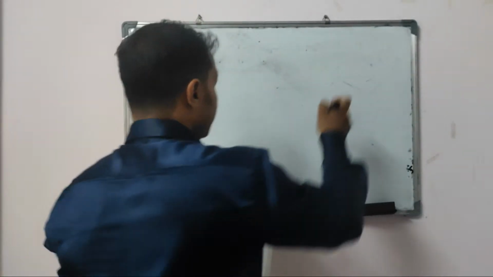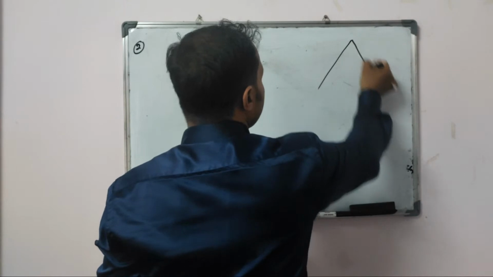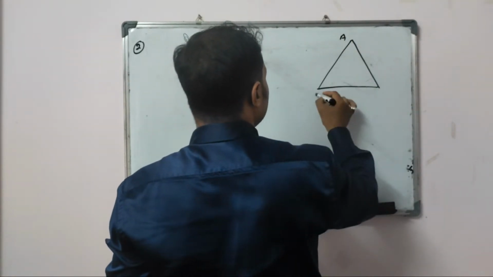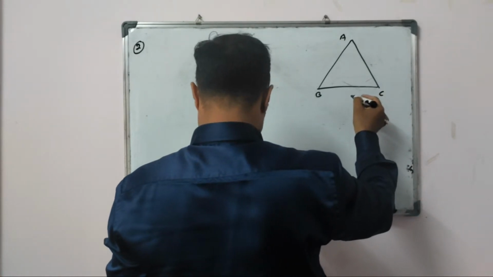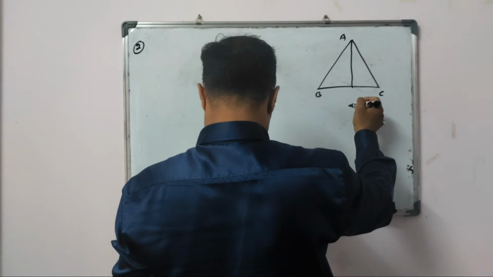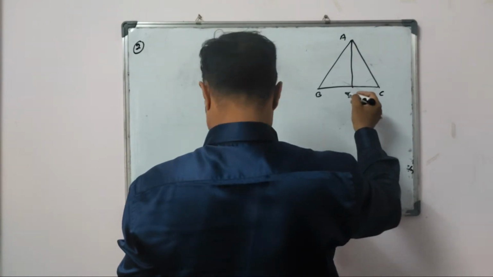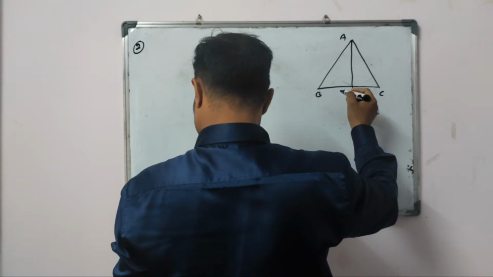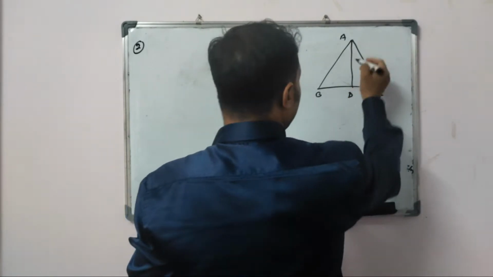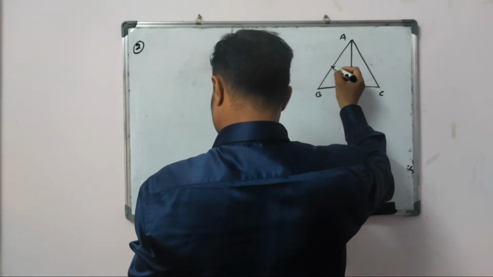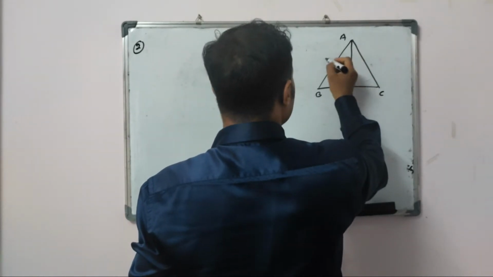See, the question is like this. A, B, C. D is the midpoint of BC, E is the midpoint of AD, and F is the midpoint of AB.